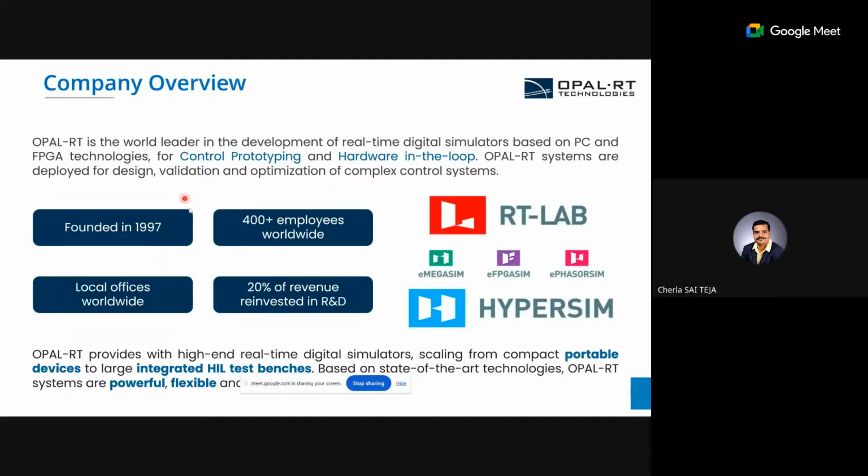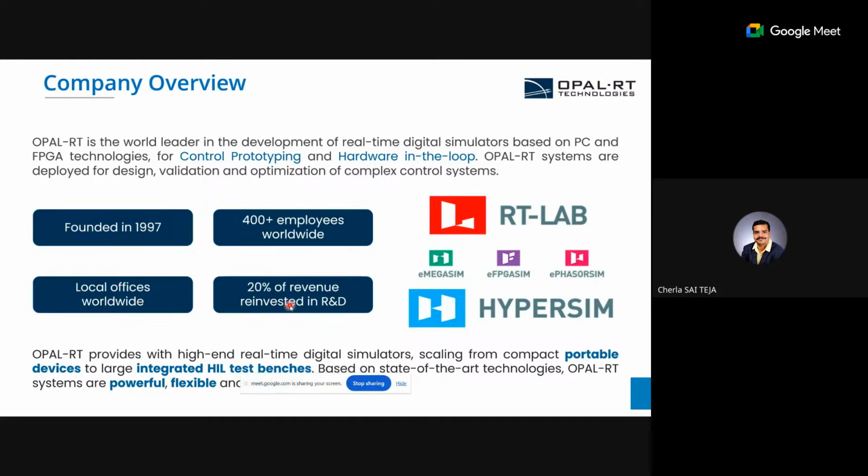Our company was founded in 1997, and as of now, we stand at around 400 plus employees worldwide. We have local offices worldwide: in India, we have one in Bangalore, and in the US, we have 2 to 3 offices. Similarly, we have offices in Germany, China, and Japan.